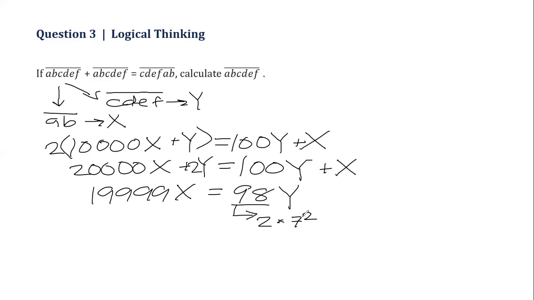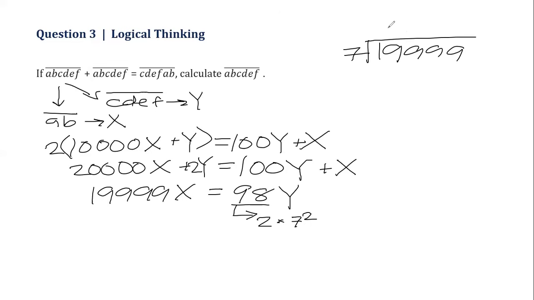You can check this for yourself. Since this number is obviously not divisible by 2, we'll try dividing it by 7 instead. I'm doing this so that we can find the common factor, which we can hopefully simplify to make the equation easier to deal with since the numbers are very big.